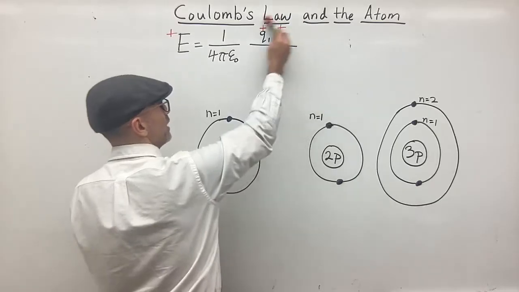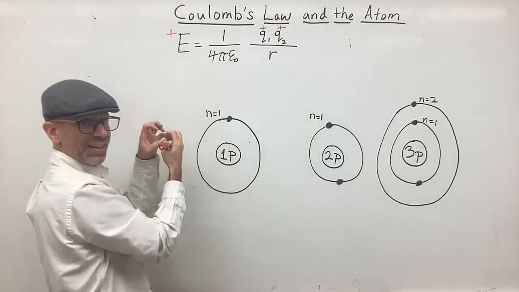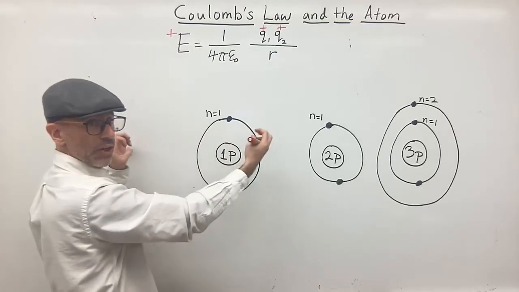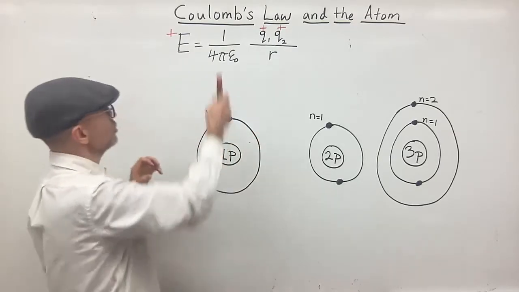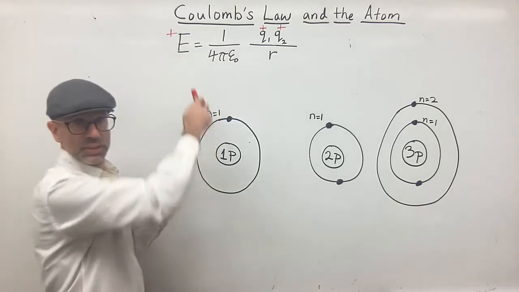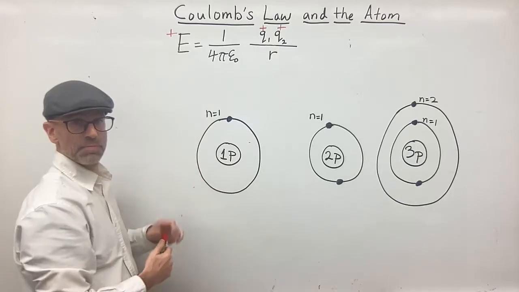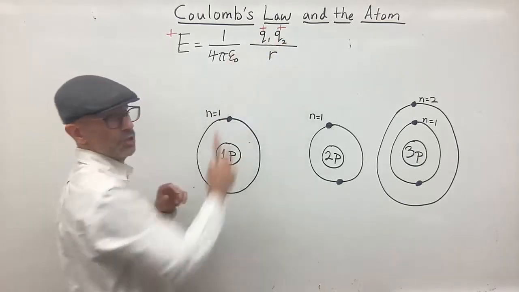That means this whole thing gets smaller and potential energy goes down. So like charges want to repel, they want to move away from each other in order to lower the potential energy, because potential energy is positive and we want that less and less positive. Okay, same thing for negative charges.